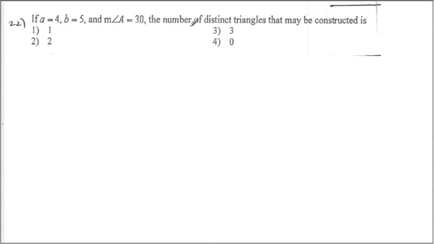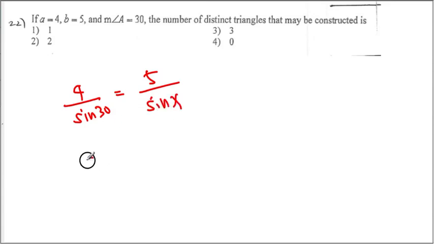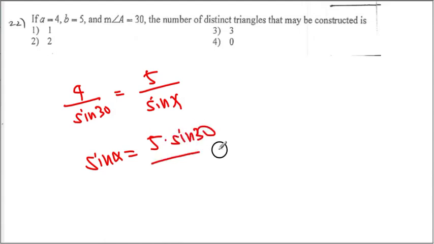Same story as before. So let's look at it. 4 over sine of 30 is equal to 5 over sine of x. So sine of x, we get to realize, is 5 times sine of 30 over 4. Now this becomes 5 over 8. So x must be equal to inverse sine of 5 over 8.